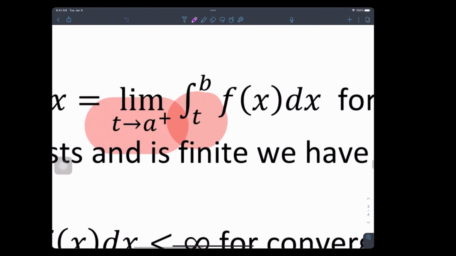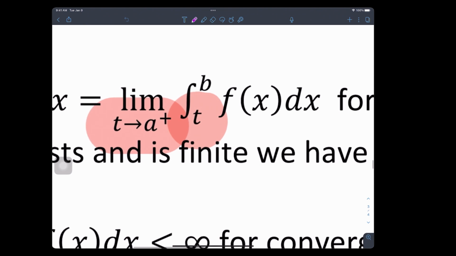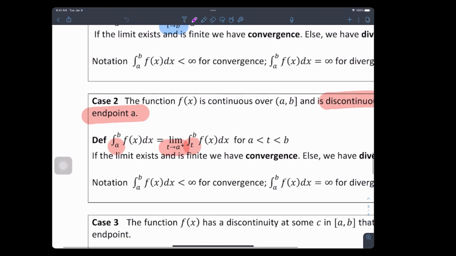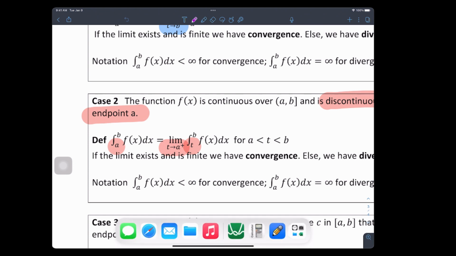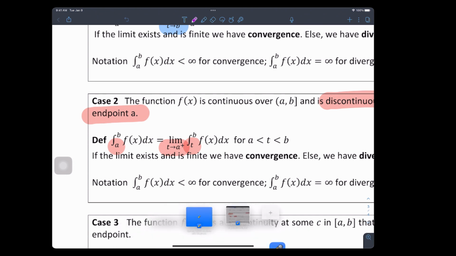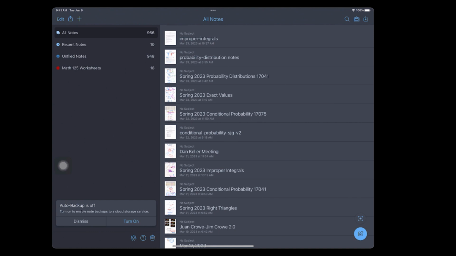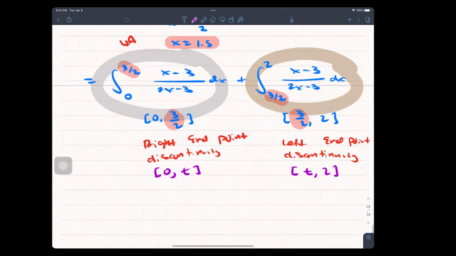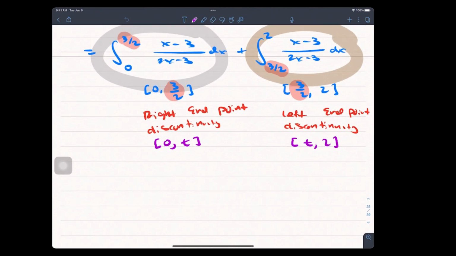From the right. So maybe you can remember it that way. It's backwards. Right endpoint discontinuity, approach it from the left. Left endpoint discontinuity, approach it from the right. And use your definitions now. You say, okay, what's my definition?